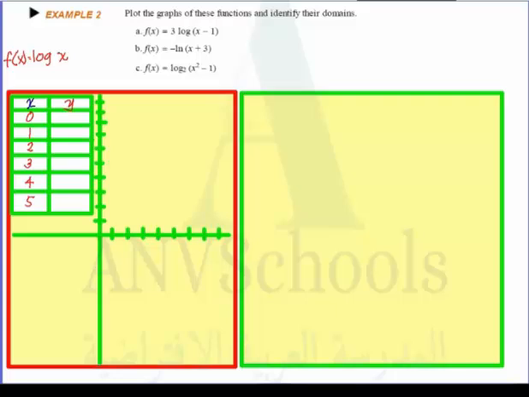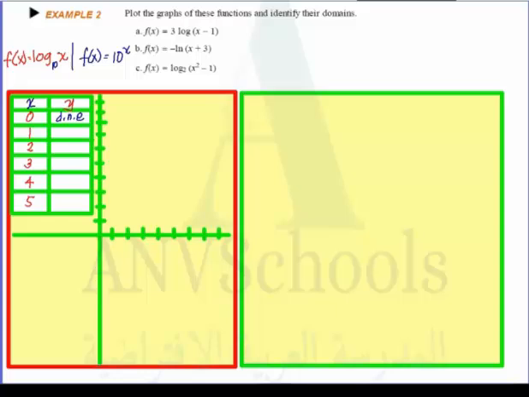Of course, log of 0 does not exist, because log is just an inverse of the exponential function, and for the parent exponential function, f of x is equal to 10 raised to x, in this case because we have a base 10, we have an asymptote at the x-axis, or when y is equal to 0, then we don't have a value for x.